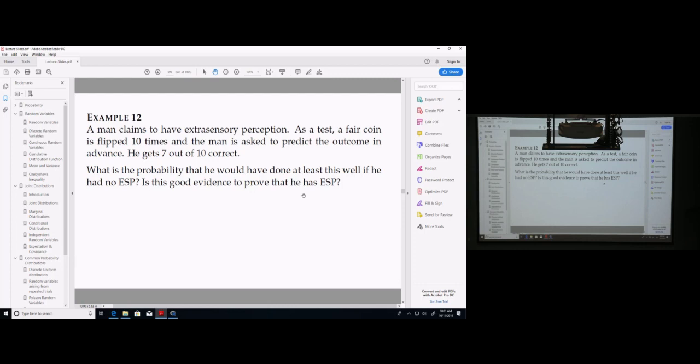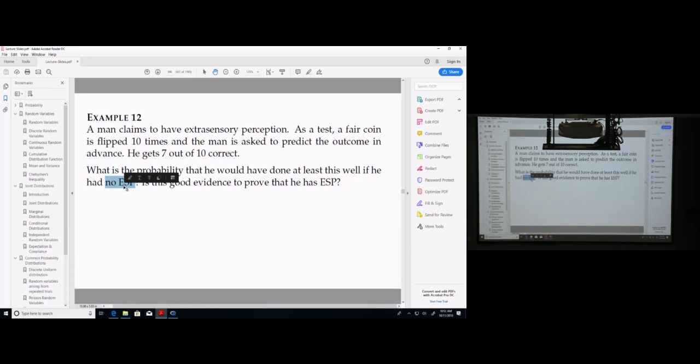So what is the probability that he would have done at least this well if he had no extrasensory perception, ESP? So we try to do that, all right? Now, the assumption is that he had no ESP, meaning that he is simply guessing. And if he's simply guessing, he has a probability of 50% of guessing it right.